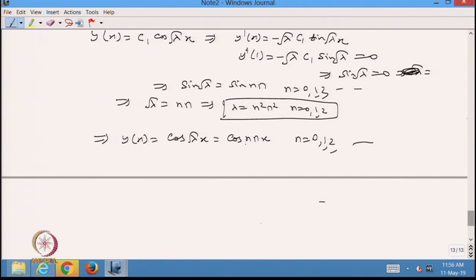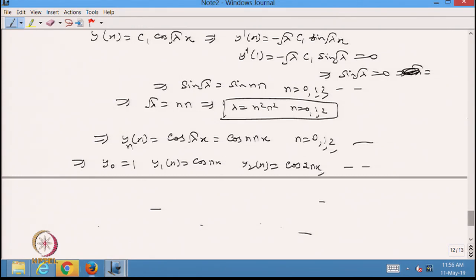So, this is the eigenfunction for n, and I can call it y n x. From here I can say that my y0 is just 1, my y1 x will be cos pi x, my y2 x will be cos 2 pi x, and so on.